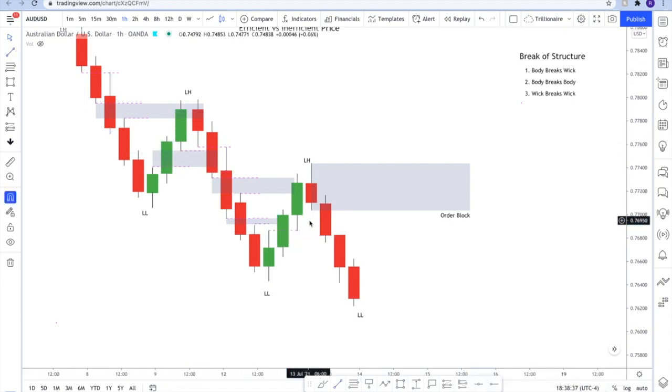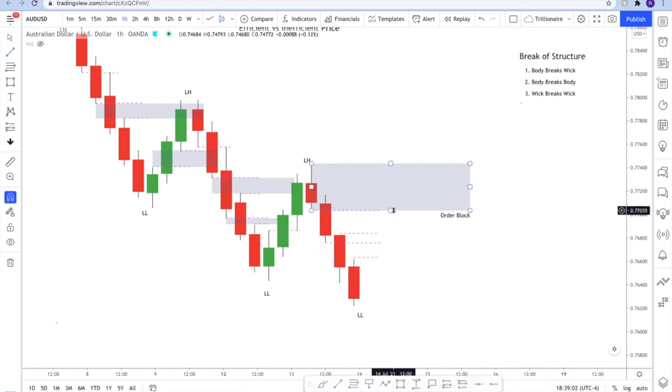All right, efficient pricing. Then we have this area right here, inefficient. And we have this area right here, also inefficient.